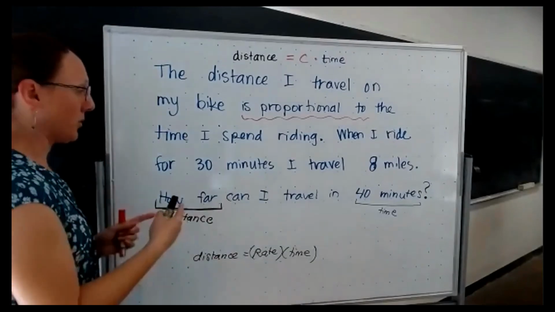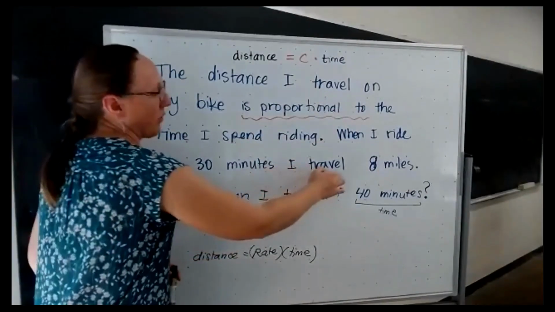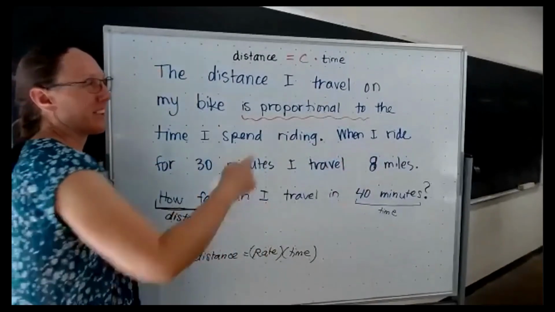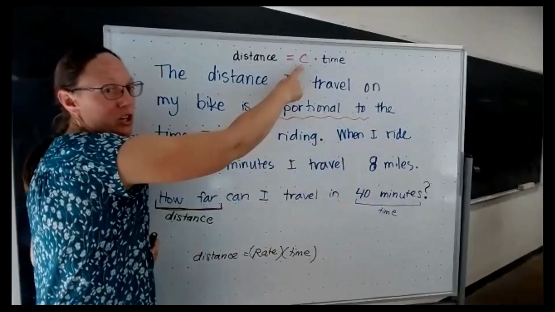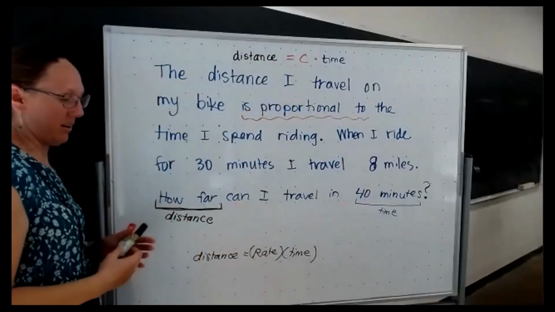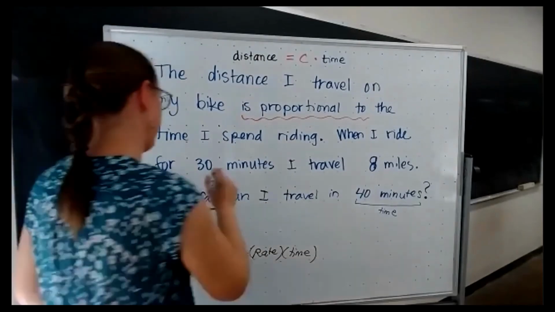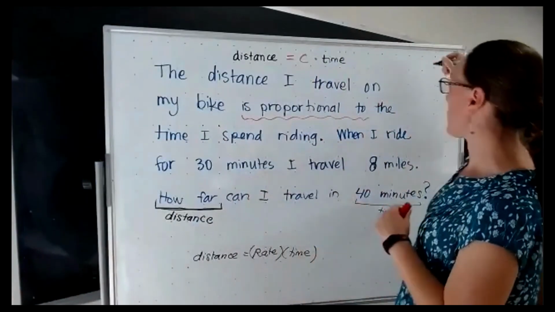Okay, onward to my second sentence. When I ride for 30 minutes, I travel 8 miles. Well, that's enough to let us find that constant of proportionality, or the rate that we need to plug in down here. So if I use that second piece, 30 minutes, so that's t equals 30.